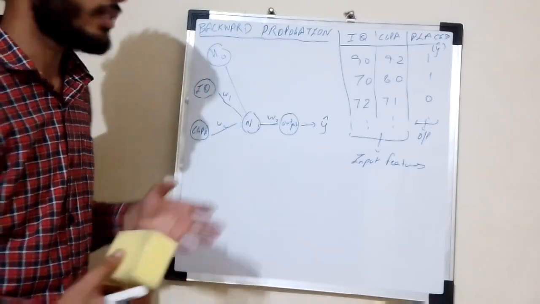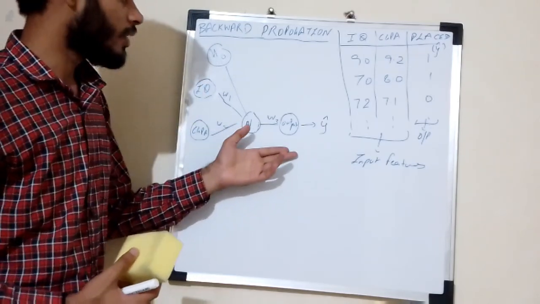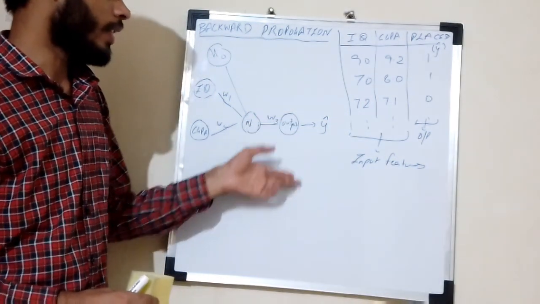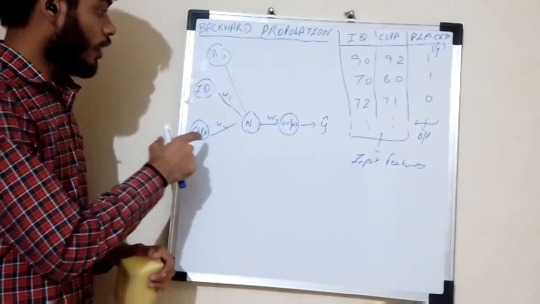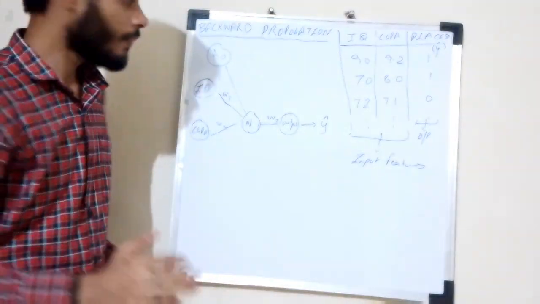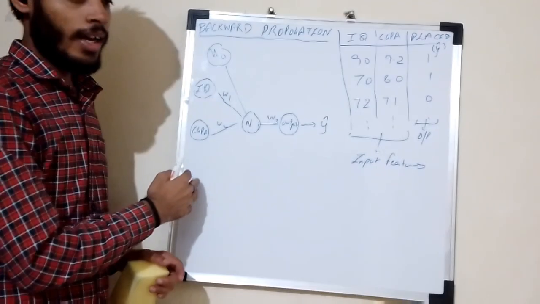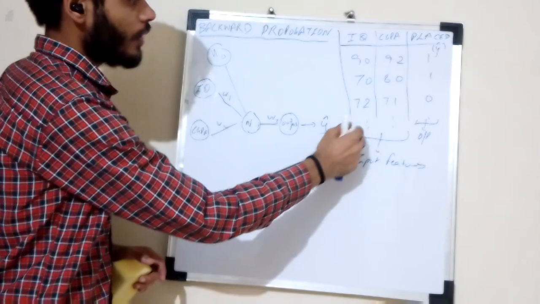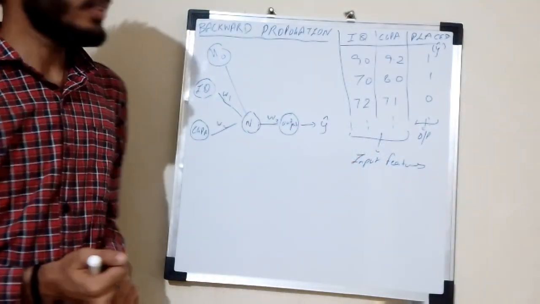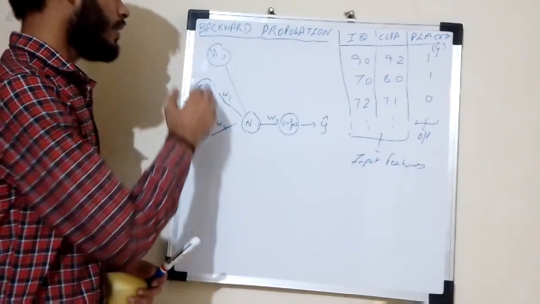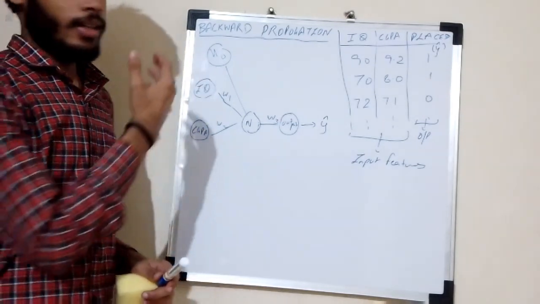For understanding purposes I am taking only one neuron. This is my output layer, which will also have only one neuron. The input layer has a number of neurons based on the number of input features, which in our case is two, IQ and CGPA. Placed data is our output feature, and x0 is our bias term.